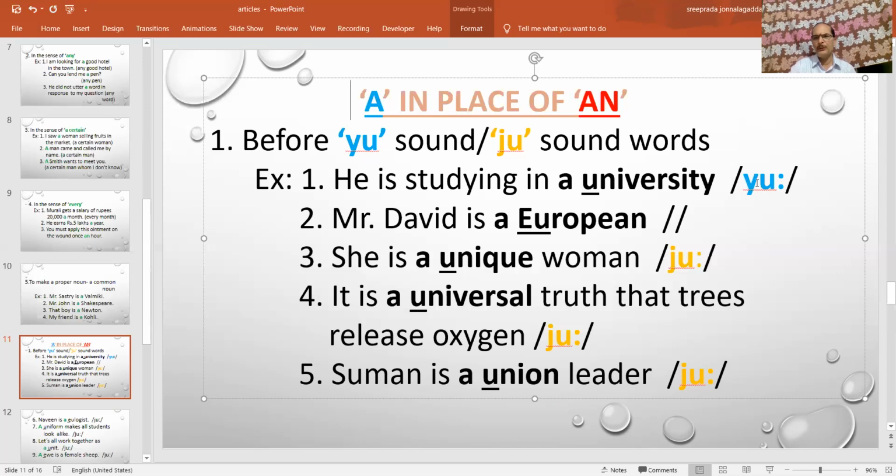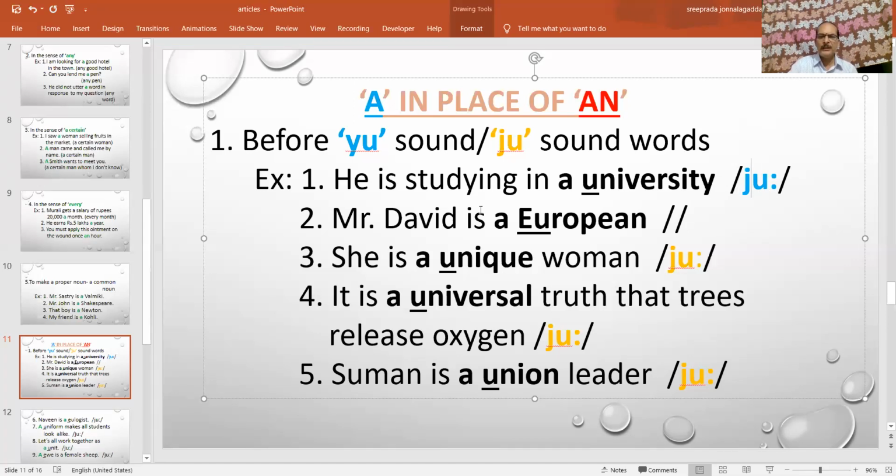So the sound is U here. That's why we have to place a before it, not an university. A university. Before the sound of U, you have to use a only.